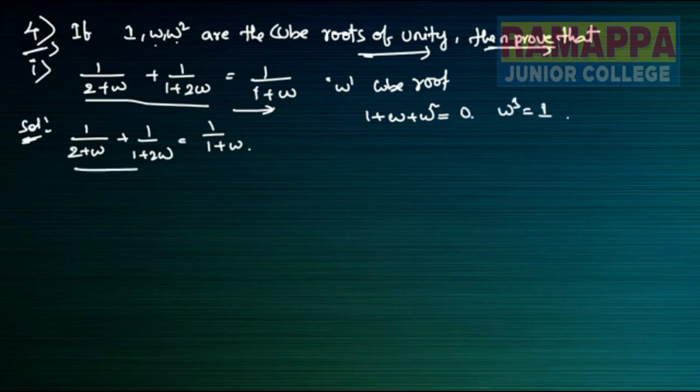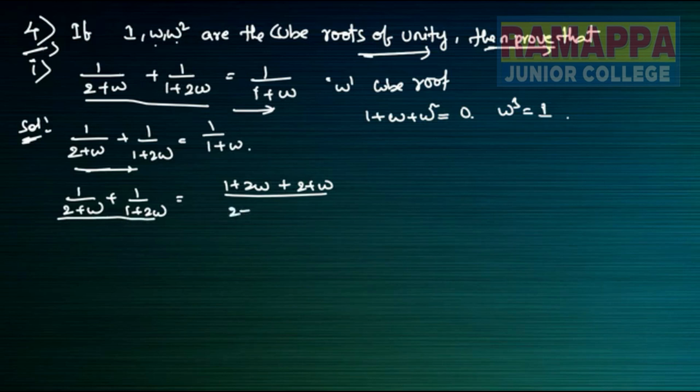First we take the LHS: 1 by 2 plus omega plus 1 by 1 plus 2 omega. Cross multiplying, it is 1 plus 2 omega plus 2 plus omega, divided by 2 plus omega into 1 plus 2 omega.